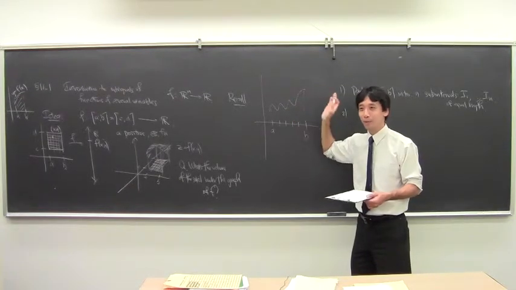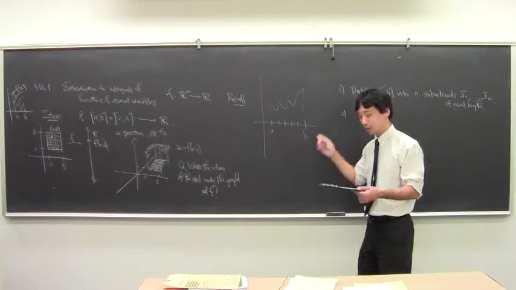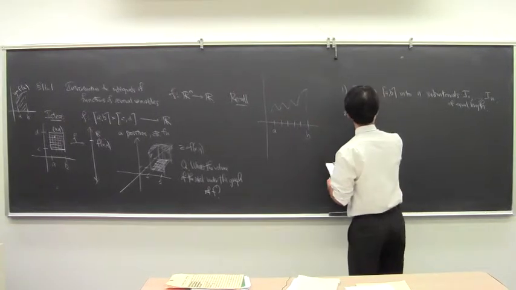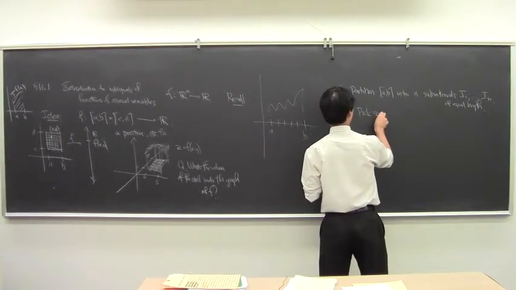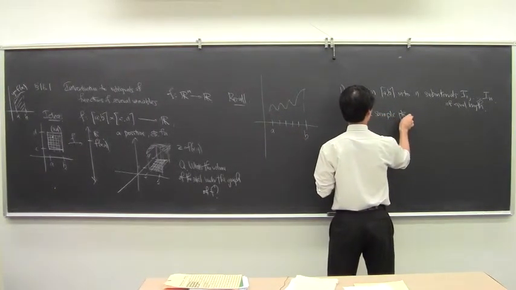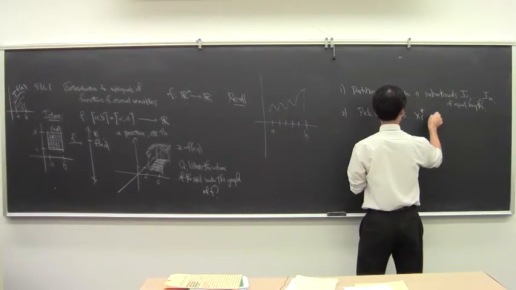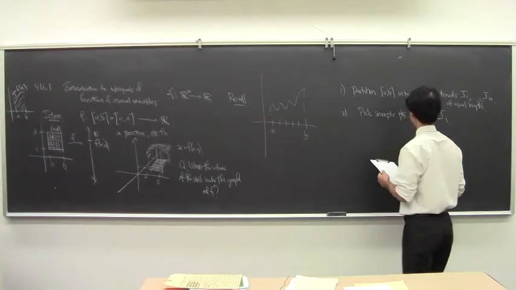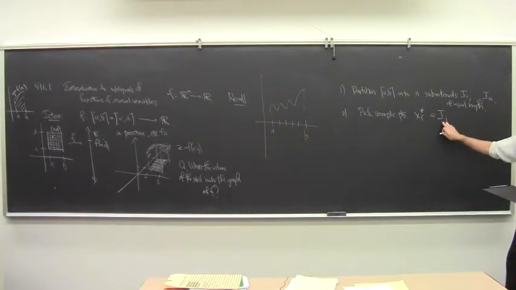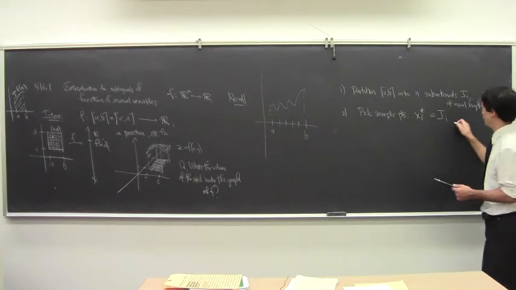And then another way is just to take a random point. Okay. So in any case, pick sample points, one way or the other, x_i star in the ith interval. So in each interval, choose a single sample point.